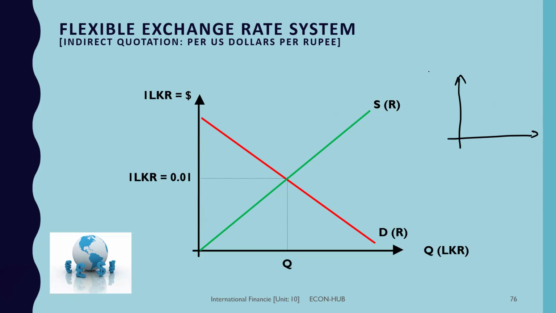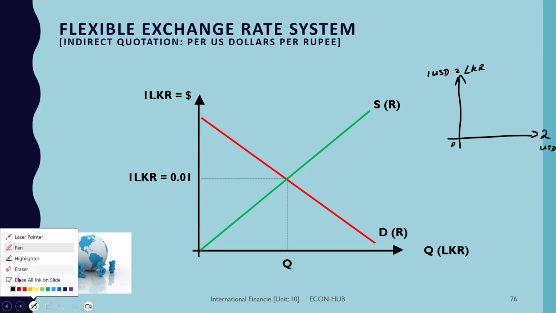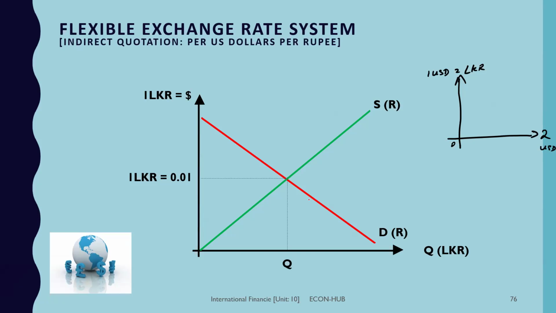So now we have 1 USD equals LKR and the quantity of US dollars. Again, the red color rupee demand curve creates the dollar supply curve. This is the supply of US dollars.